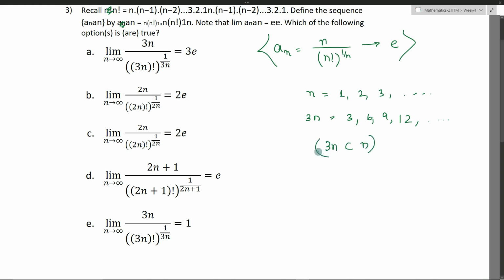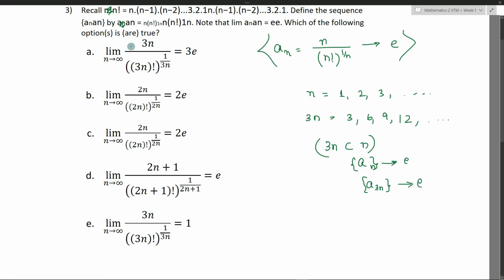If this is the case, a_n converges to e. What about a_3n? It also should converge to e itself, because this is a subset of n. So that is the rule that we have studied.